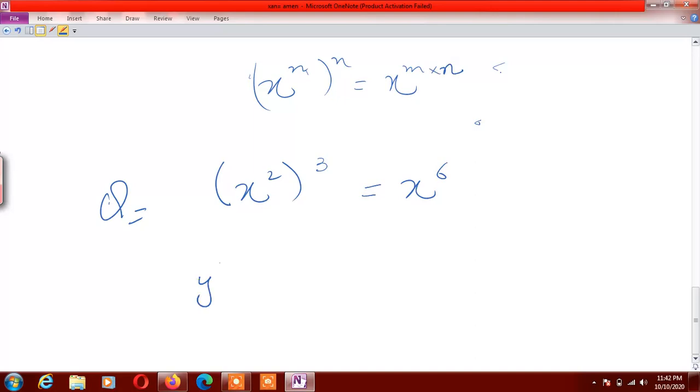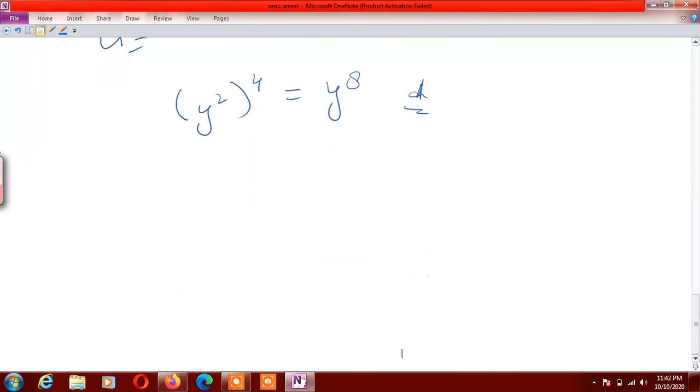Let's take another example: y square whole power 4 is equal to y power 8, because 2 fours are 8. This is the simple concept of power multiplication.